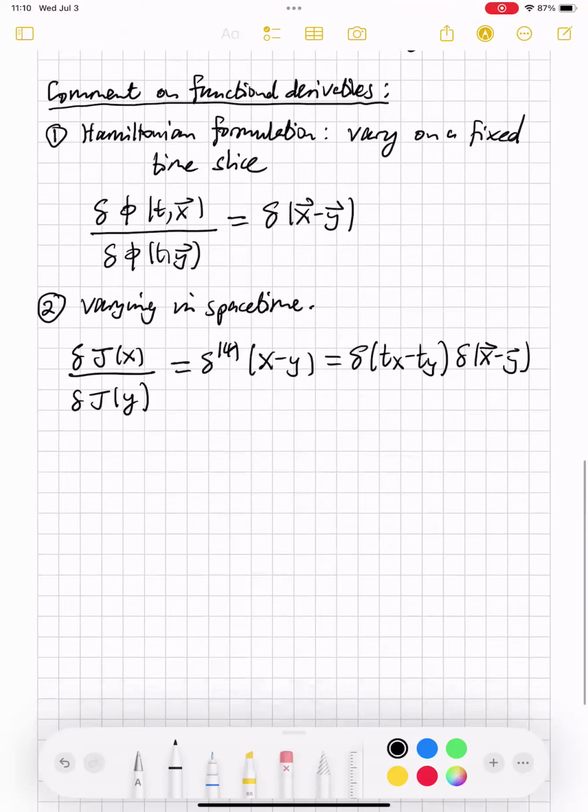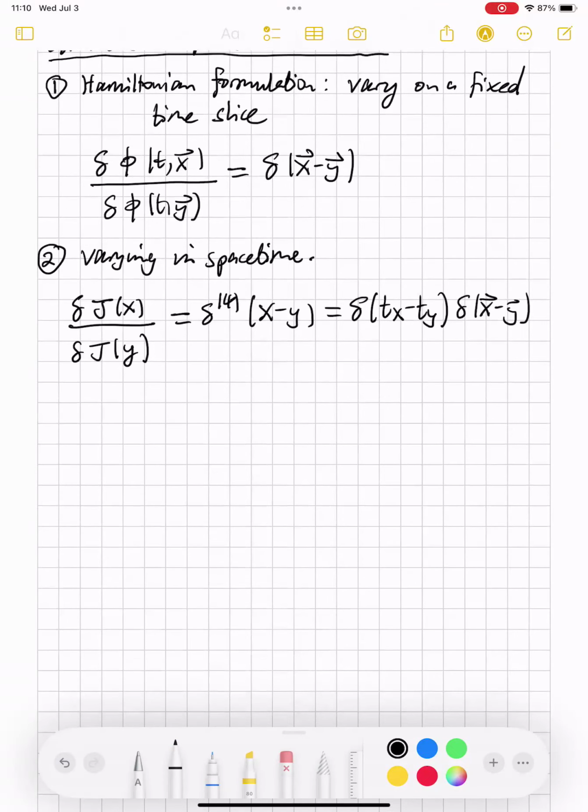So these functional derivatives with respect to J, we're varying the functional dependence both on the space and the time component. Now, you've worked a little bit with these functional derivatives, so let's do a little reminder of the most important points.